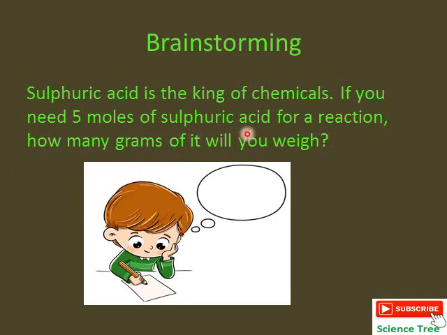The molecular mass of sulfuric acid is 98, while the number of moles is already given. So you have to apply a formula. You want to find the mass of the substance. So mass of the substance is equal to what? Yes, you're right. Moles multiplied by molecular mass. And in the result, you will get the mass of the substance.